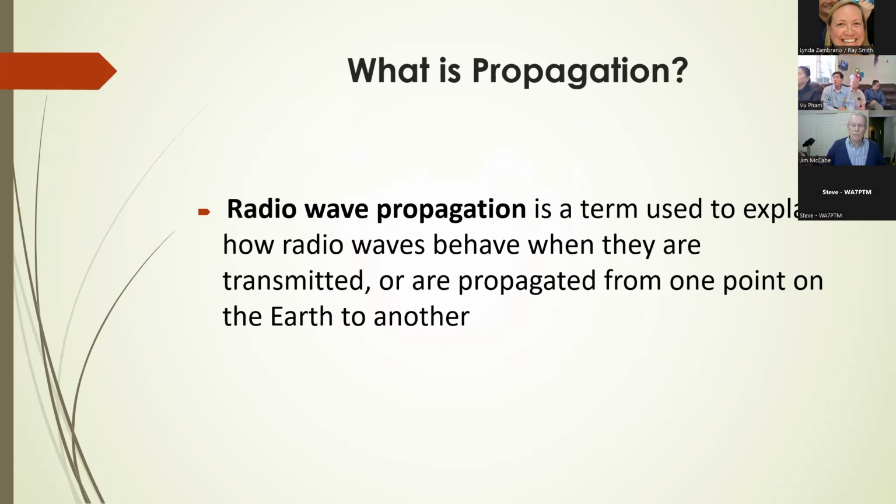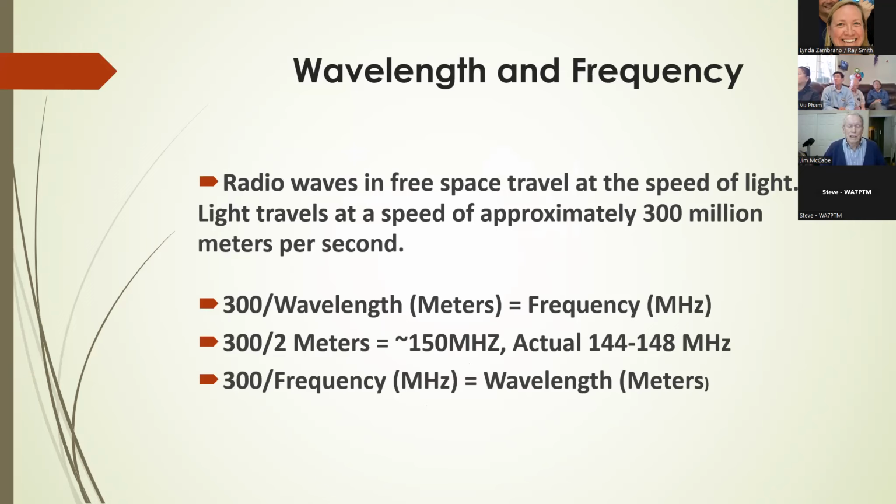So what is propagation? Radio wave propagation is a term we use to explain how radio waves behave when they're transmitted, or propagated, from one point to another on Earth. I'm going to review some of the things that we've had before. I know it was in section 2.